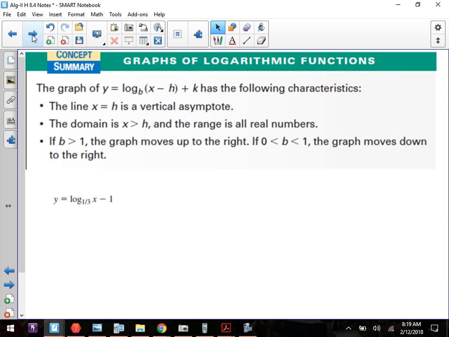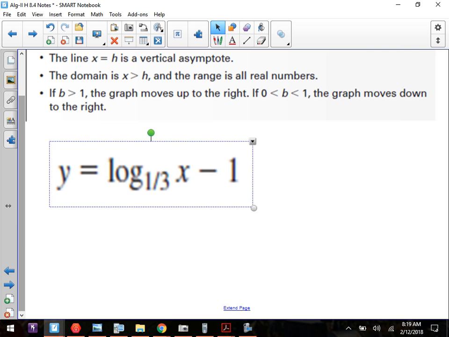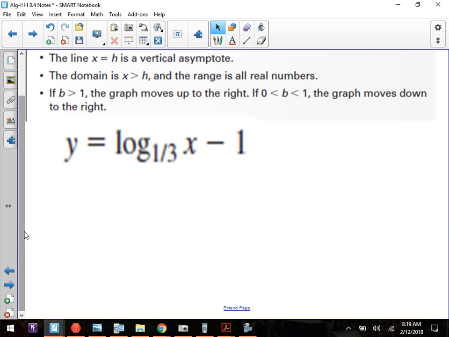So, if I go through and start with this one. Log base 1/3 of x minus 1.